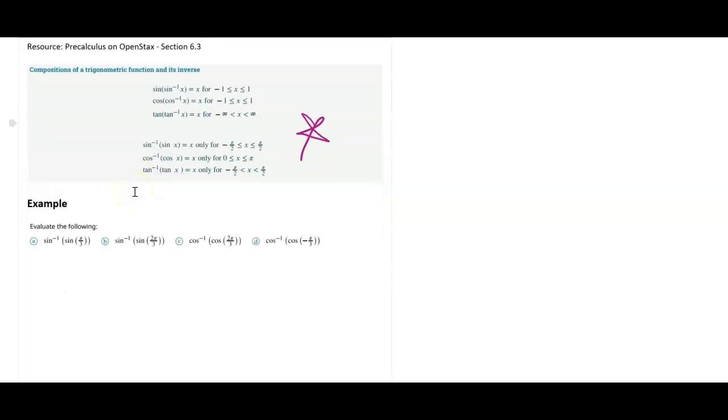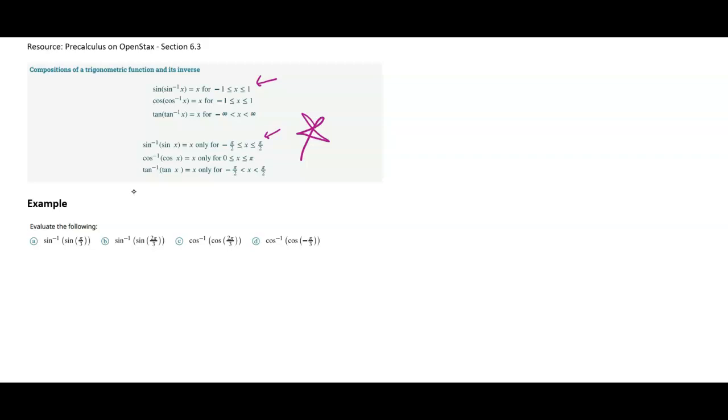Because sine and inverse sine are inverses of each other, as long as we are on the domain of inverse sine, this is true. And as long as we are on the range or the restricted domain of sine, then this is true.